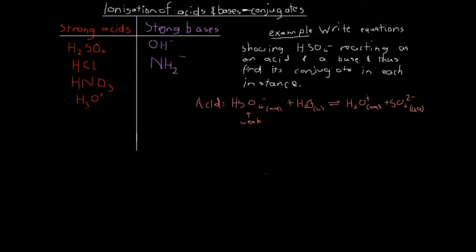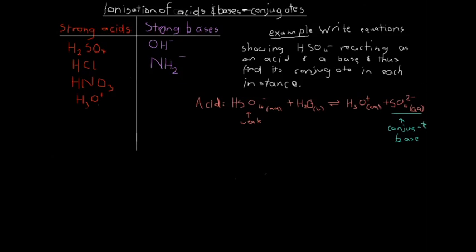So this is the conjugate base of hydrogen sulfate when it's acting as an acid. Okay, so that's the first part of the question done. We've written the equation and we've shown the conjugate base.